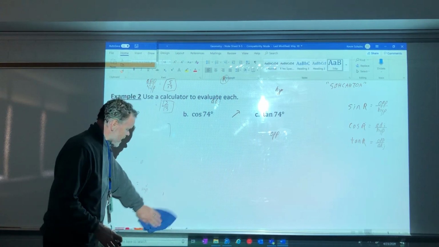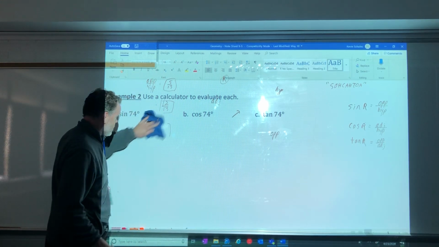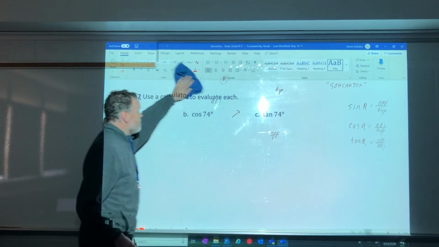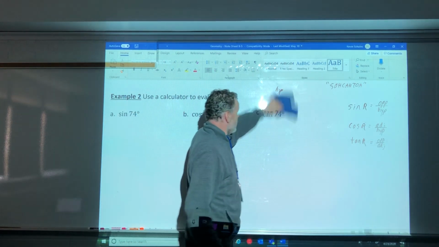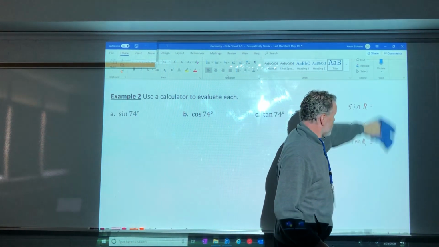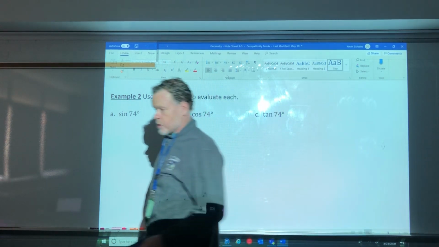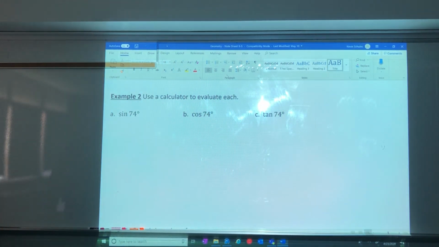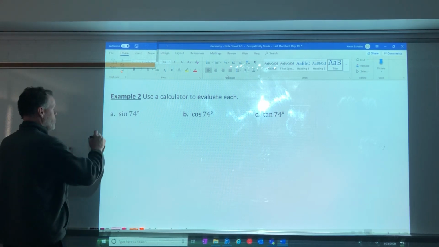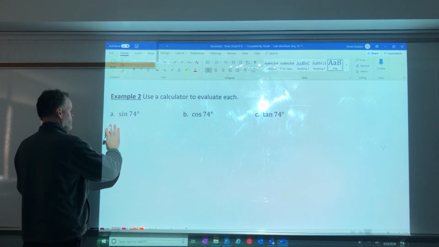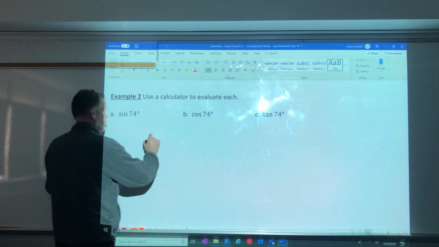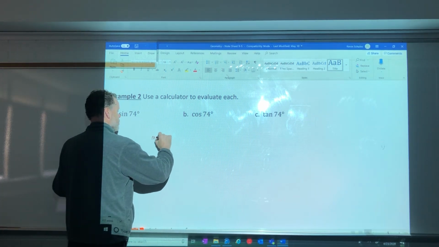Okay, when you're using a calculator, the biggest thing is to make sure that you're in degree mode when you do this. If you have a graphing calculator, you're going to go to mode. Just write this. Go to mode.